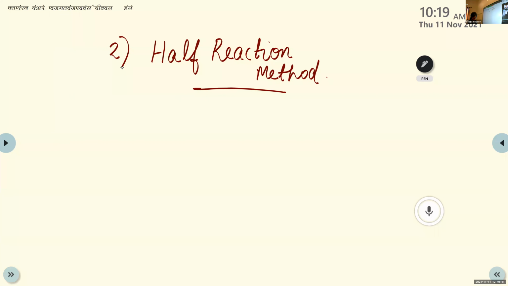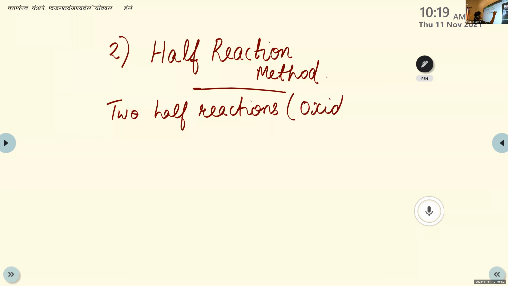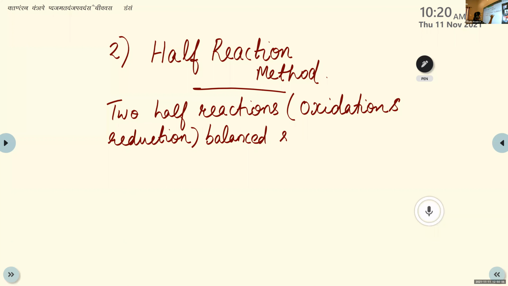Okay. So these two half reactions, that is oxidation and reduction, will balance separately and then added together.